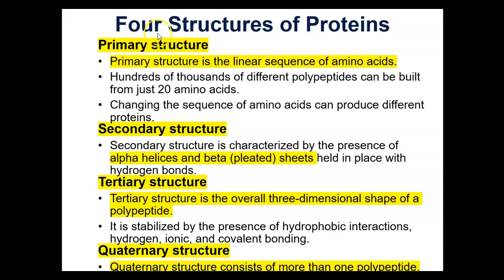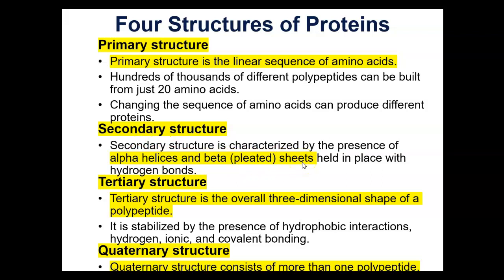The primary structure of the protein is simply the sequence of amino acids that form the chain, that form the polypeptide. It can be hundreds, it can be thousands, it can be hundreds of thousands of amino acids that form a polypeptide.